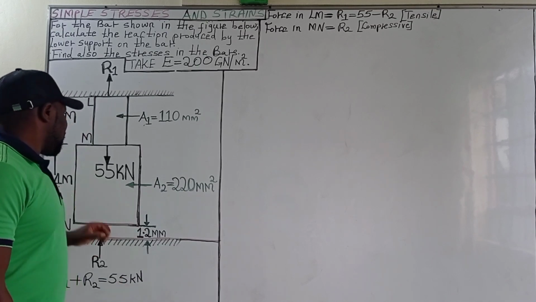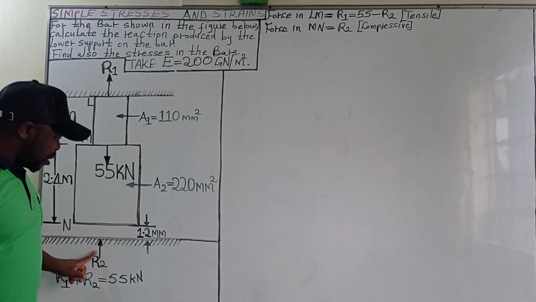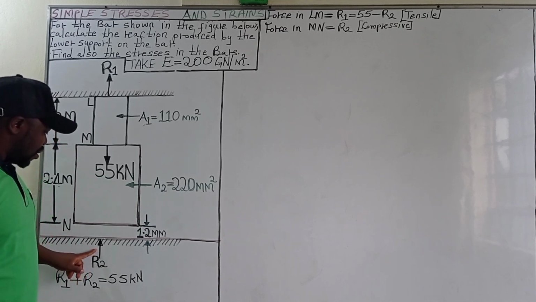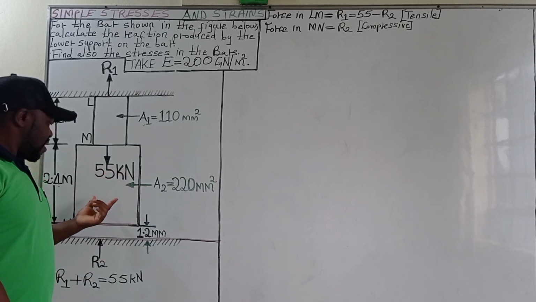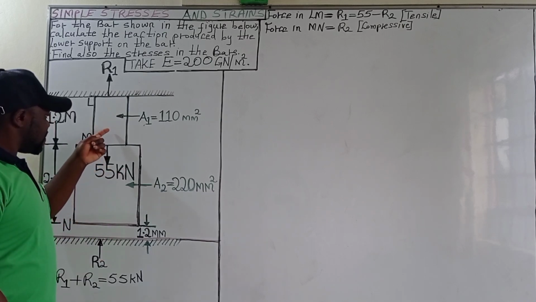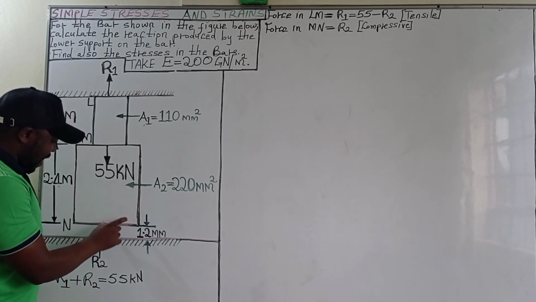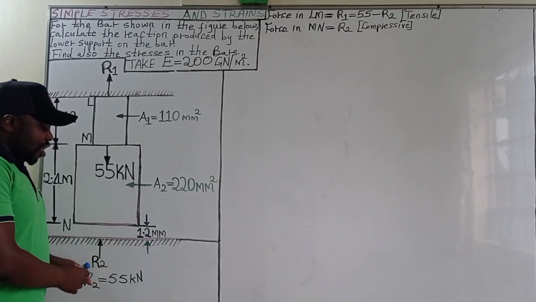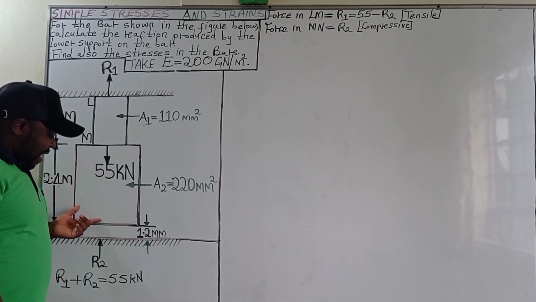On the other hand, in the bar MN, the total force will be R2, and it will be a compressive force. Since when this bar extends, it will squeeze the bar MN onto this support, which will result in contraction of the lower bar.